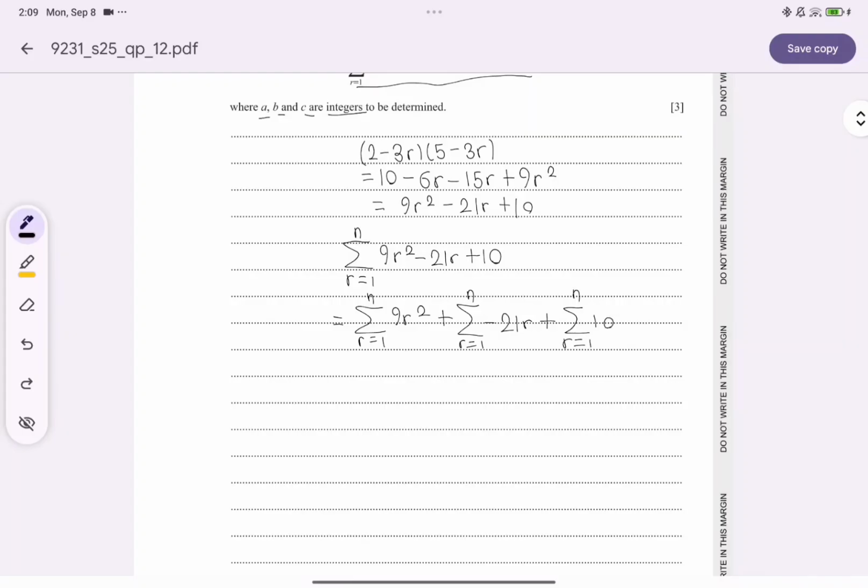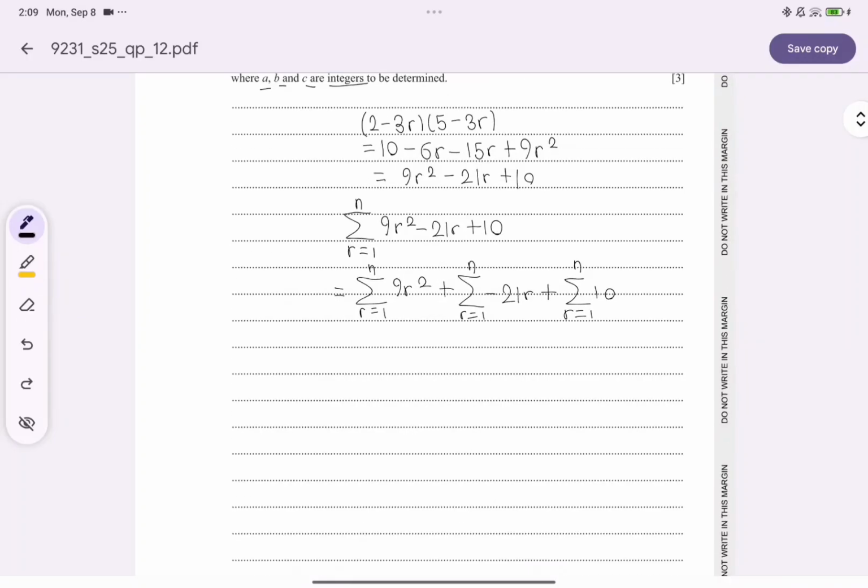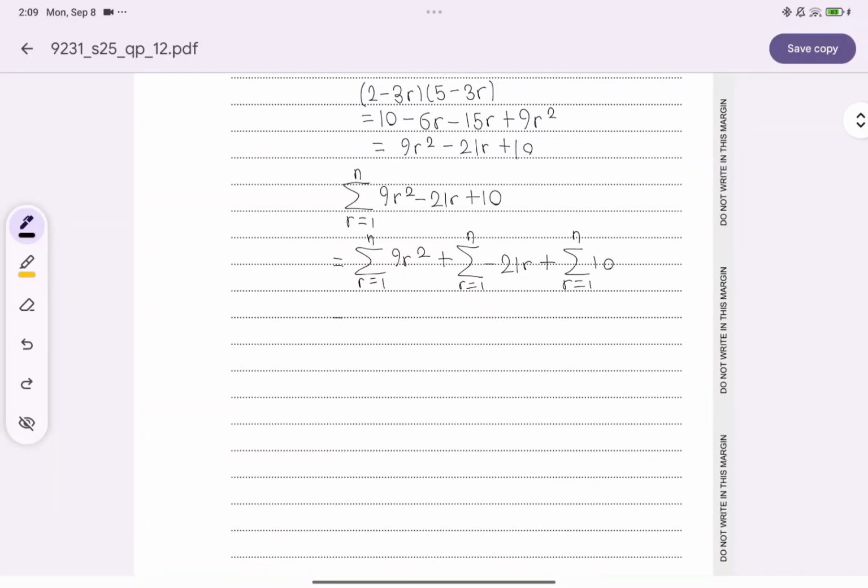So it's basically like splitting up the terms when you are finding the derivative or the integral of this type of polynomial. And just like integrating or differentiating, we got to take the constants out of the sigma sign.